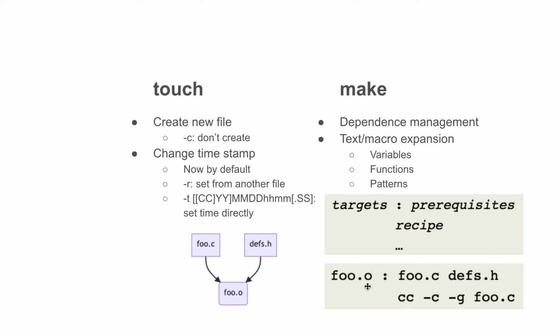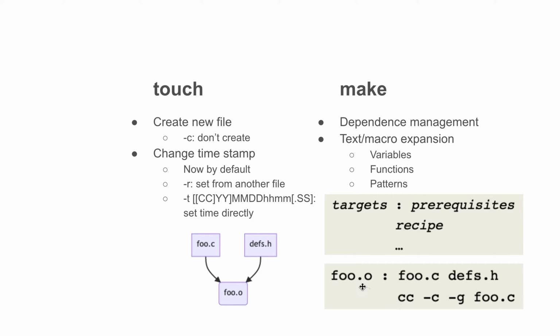You compile them in order to get the object file or executable files. So you will put this content in a makefile, and then you can say make foo.o. It will just run the recipe for you.